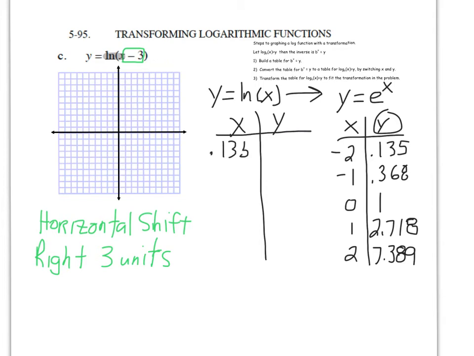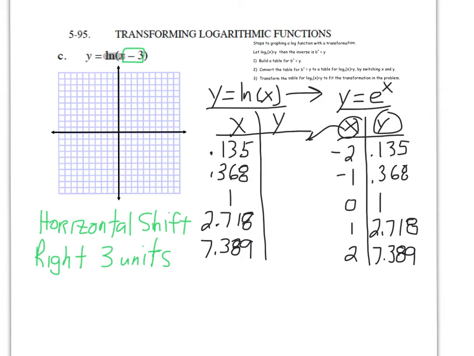So 0.135, 0.368, 1, 2.718, and 7.389. The x values for our exponential equation then become the output values for the logarithmic equation. -2, -1, 0, 1, and 2.